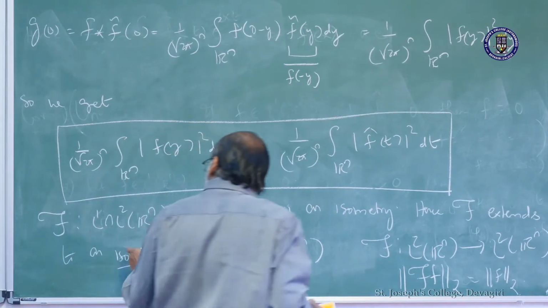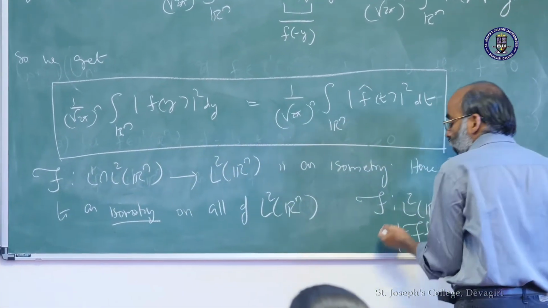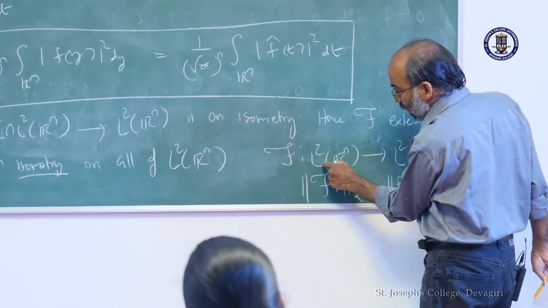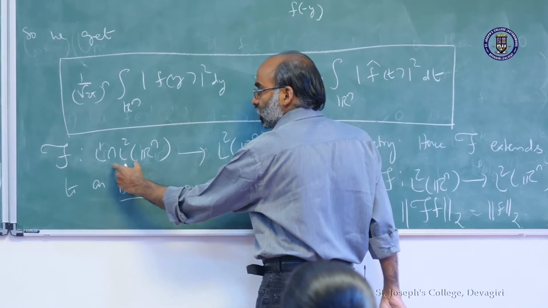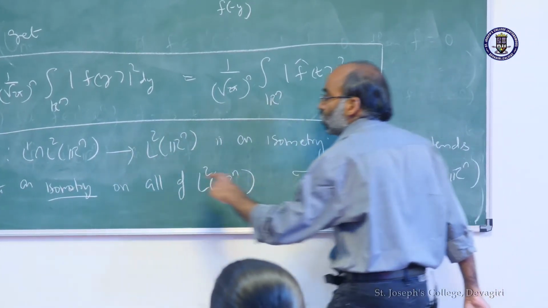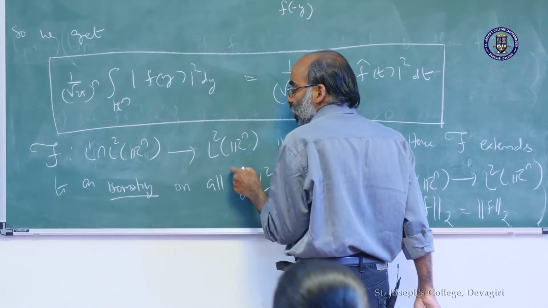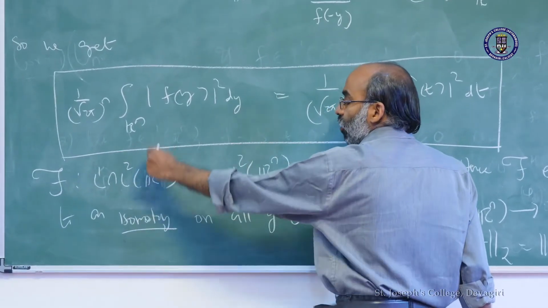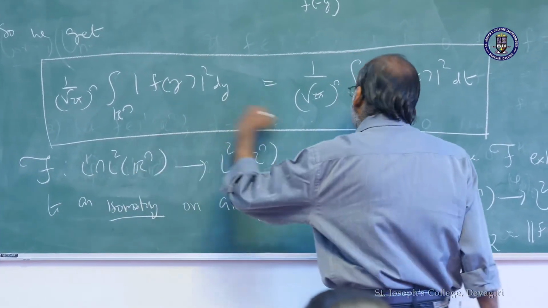We started with the dense subspace, proved that it is an isometry, and so it extends to an isometry on the whole space. Well, how do you define this on the whole space? I take an arbitrary function here. Since this is dense, there is a sequence of functions from here which converge to that function in L2. For those functions, I know how to define the Fourier transform. That gives me a sequence in L2. Because it is an isometry and here you have convergence, this would be Cauchy, so it will have a limit, and that is your Fourier transform.